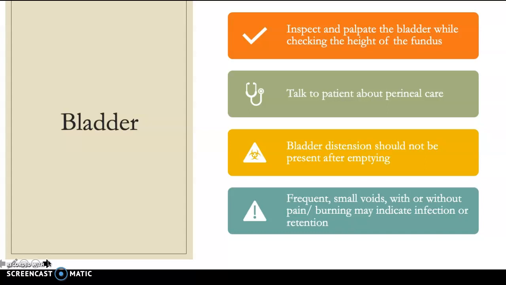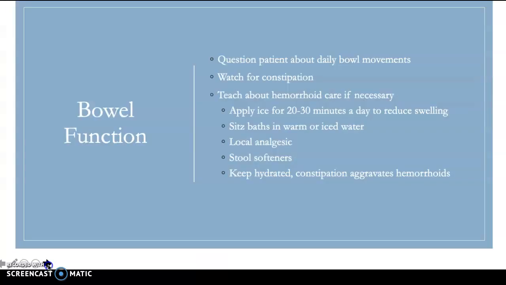We want to teach her the signs and symptoms of a UTI. So we're going to teach her that frequent needing to void, often with or without pain or burning, may indicate an infection, or that she's having urinary retention because of that atonic bladder caused from the trauma of birth.